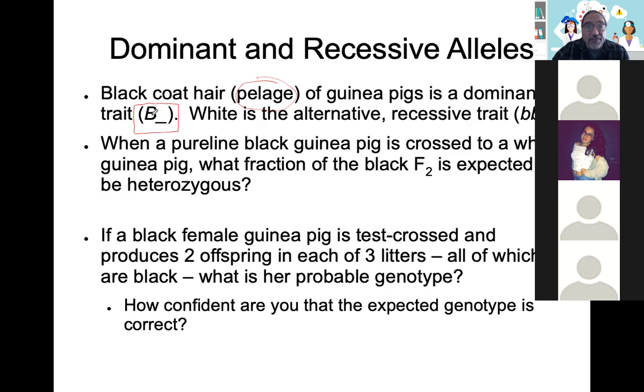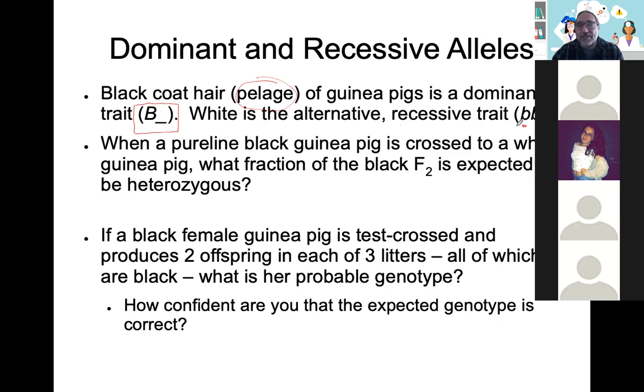We know that there's a cap B because I've already told you that black is dominant to white, but a guinea pig could be black because it's homozygous cap B or because it's cap B small b and therefore heterozygous. If you don't know or it doesn't matter what the second allele is, you use an underline. White is always homozygous, small b, small b.